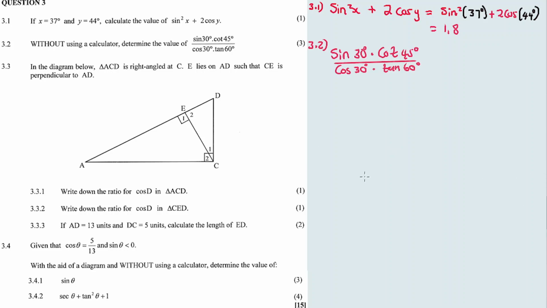Last year simplifier, why ngisho njalo? Ngibona kunama special angles, the 30 degrees, 45 degrees, no 60 degrees. Lama angles lawa siwabiza ukuthi ama special angles, right?